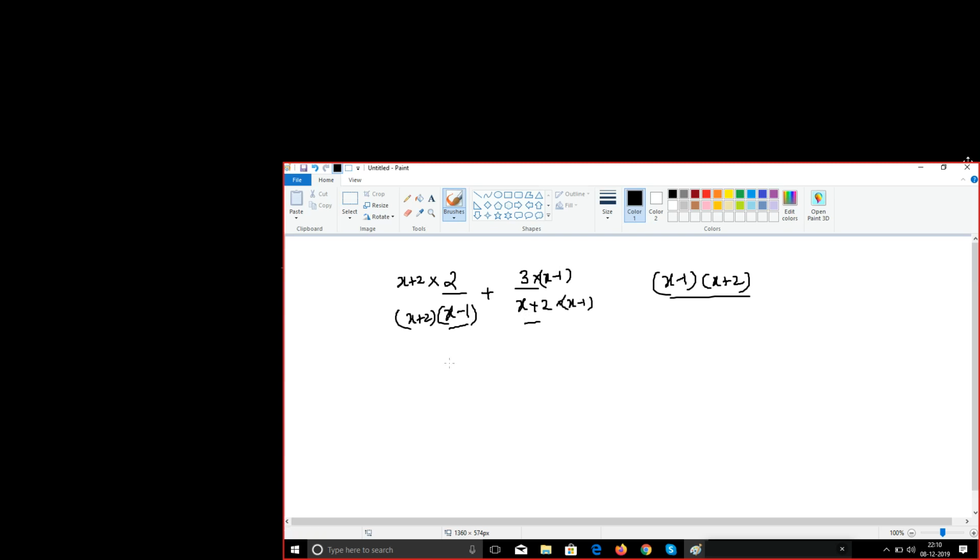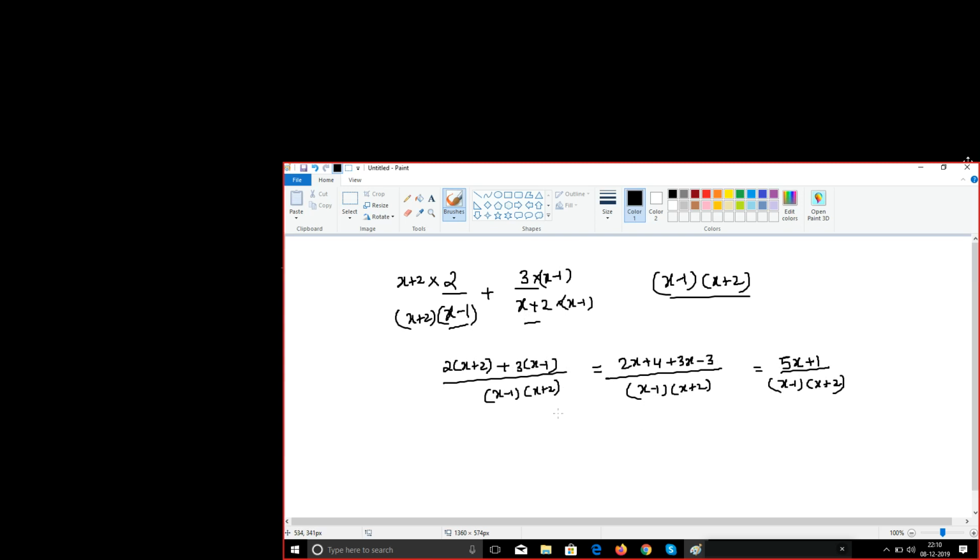Yes. So it's now 2 times x plus 2, plus 3 times x minus 1, divided by x minus 1 into x plus 2, or it's 2x plus 4 plus 3x minus 3 divided by x minus 1 multiplied by x plus 2, which is 5x plus 1 divided by x minus 1 multiplied by x plus 2.